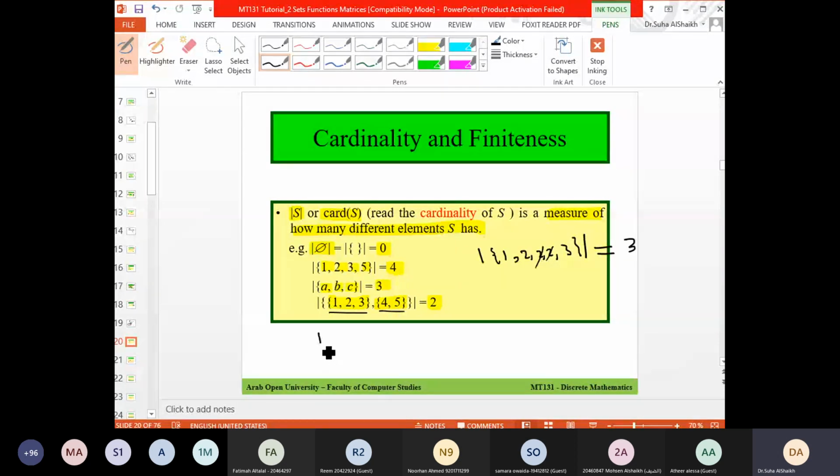Now, what's the cardinality of the set that has phi inside it? Excellent. It's 1. Now, what's the cardinality of the set that has phi and the set that has phi?